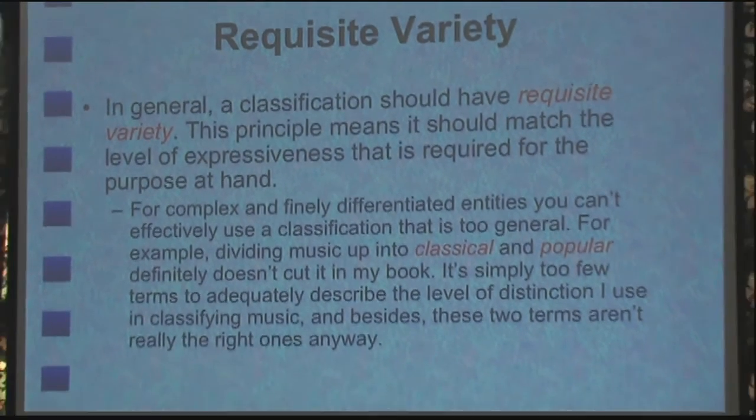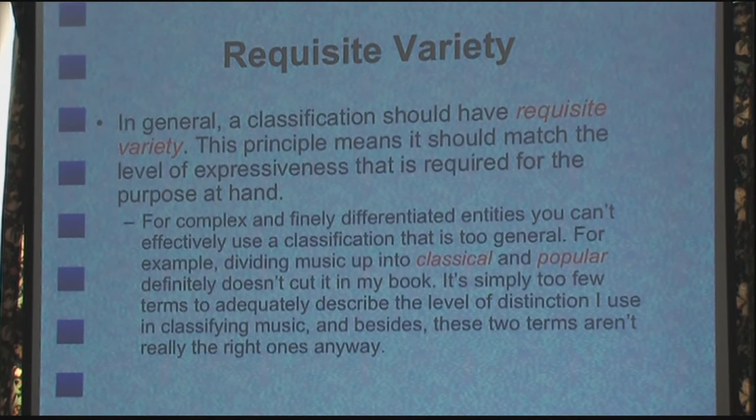I'll give you an example of expressiveness kind of gone wild at the end of this talk. Many people think that the more precise and expressive you can make a classification, the better it is. But that's not necessarily so. That can actually work against a classification's strength and ability to be usable.